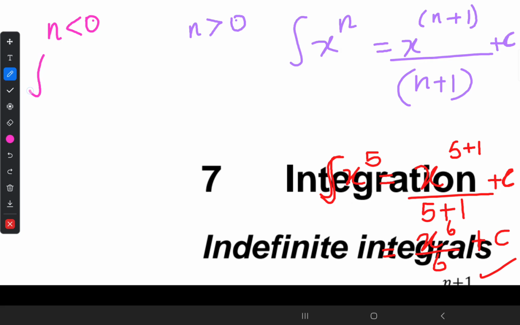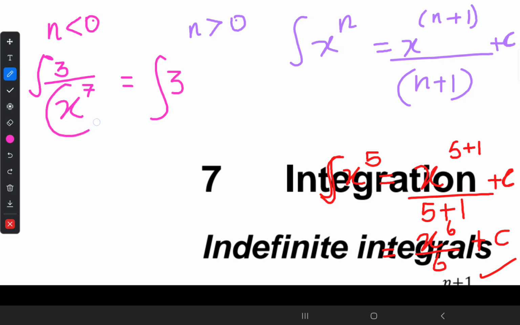Consider integrating 3 upon x to the power of 7. What do we need to do? First of all, we deal with the denominator. If it has any variables, we take the denominator's variable to the numerator first. 3 remains the same.